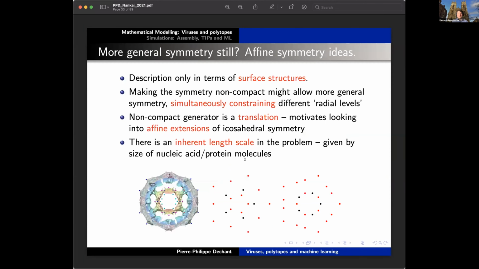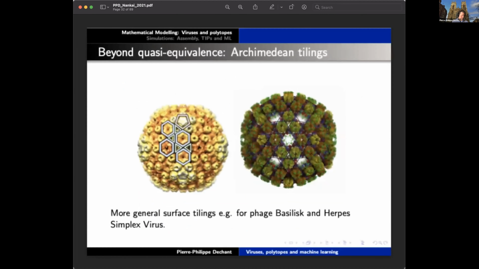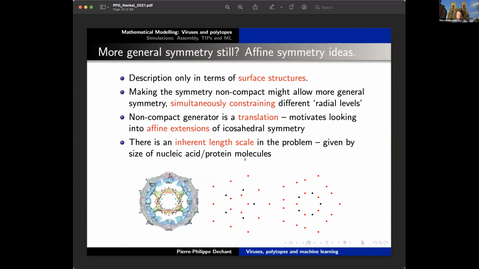So this was all about describing virus surface architectures. It was all at the sort of spherical level, but the question is, can we somehow also have an imprint of the symmetry from the capsid outside within the virus particle, and why might that be, and why would that make sense? So we were thinking about some affine symmetry ideas.